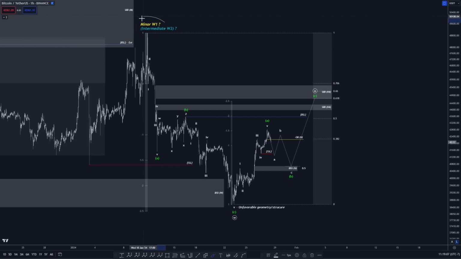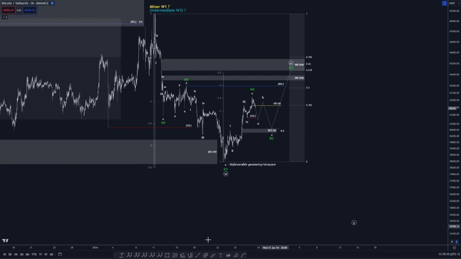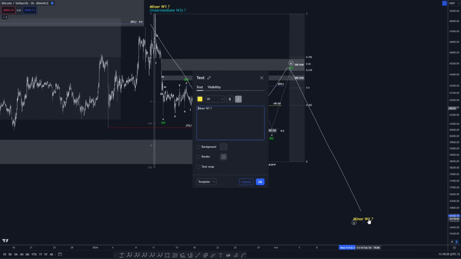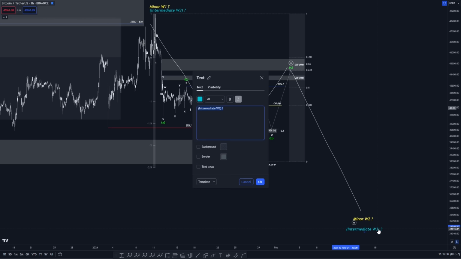Either this pivot up here is the minor wave 1, or it's an intermediate wave 3, meaning that this 3-wave correction here is either going to be a minor wave 2, or an intermediate wave 4.